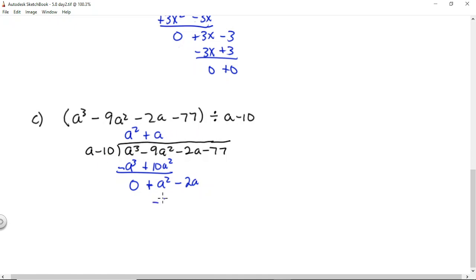We write negative a squared. A times negative 10, that's negative 10a, so we write positive 10a. Now we can add vertically. We get 0 plus 8a. And now we bring down negative 77.